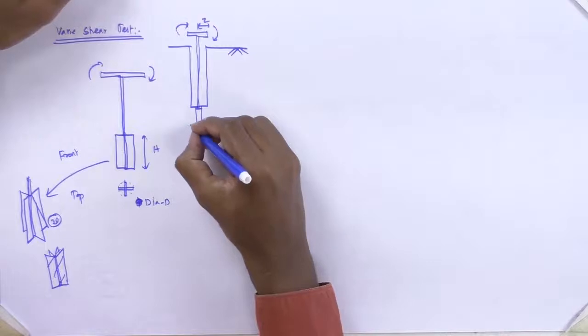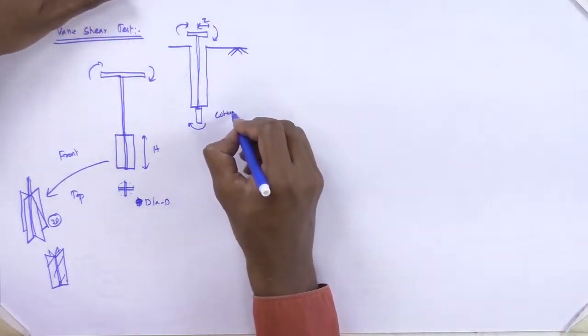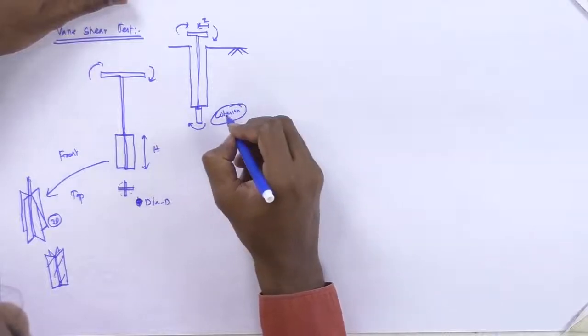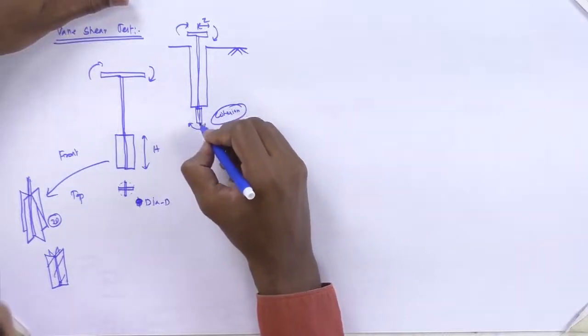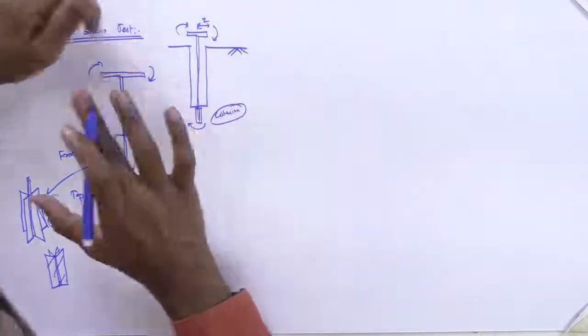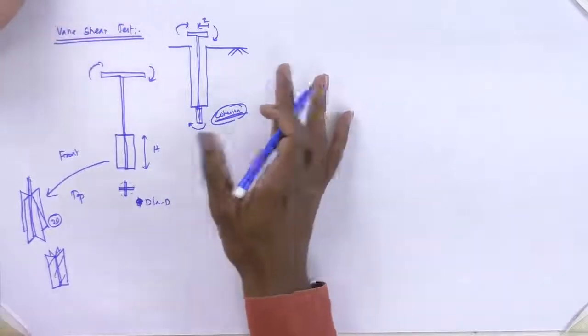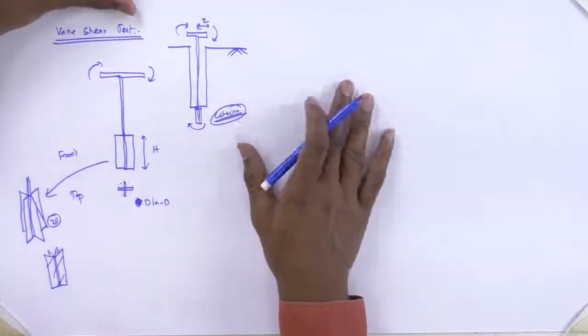This is going to apply some twist, but the soil cohesion will not allow the vane to be twisted. So the force you are applying to twist it will be exactly equal to the cohesion value. That is how this vane shear test has some meaning.